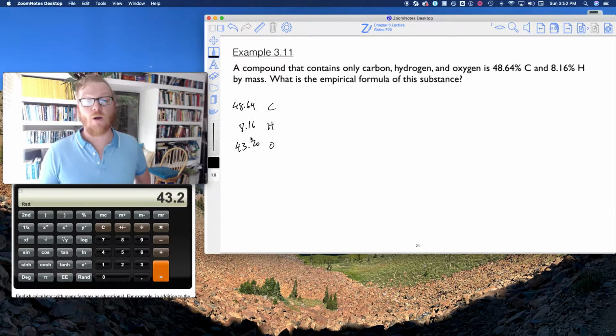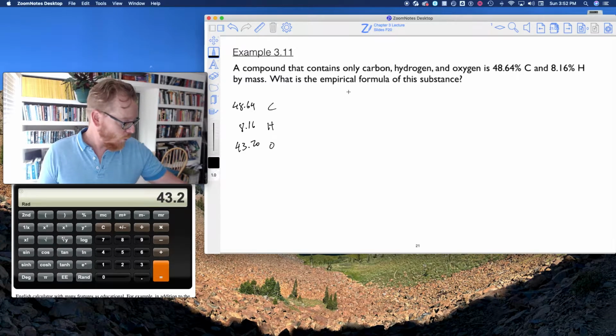And notice, because these all have to add up to 100, it's all about the decimal place. This 48.64 has 2 decimal places, 8.16 has 2 decimal places, and now for 43.20, I need 20 with 2 decimal places.